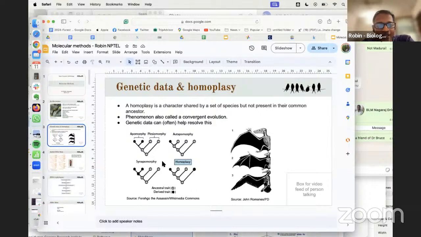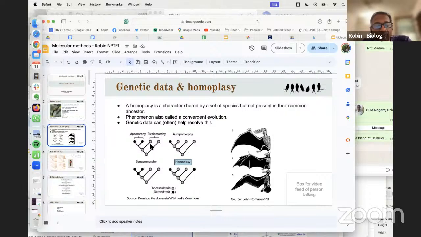But I can still explain. But I think the primary point is that you have this phylogenetic tree, and you can have a trait which is ancestral, and then this one is a derived trait. So all the black are derived traits. And so here in this case, you have two sister taxa having derived traits, and that's apomorphy.